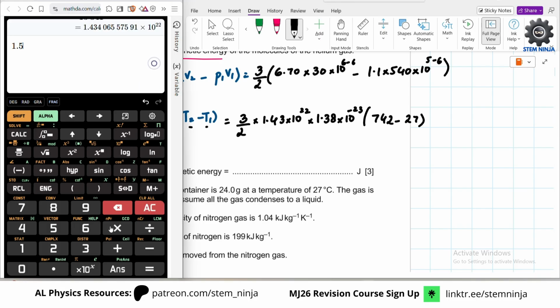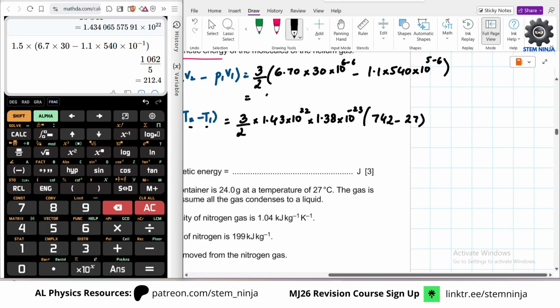So 1.5 times 6.7 times 30 minus 1.1 times 540, times 10 to the power minus 1, 212.4.